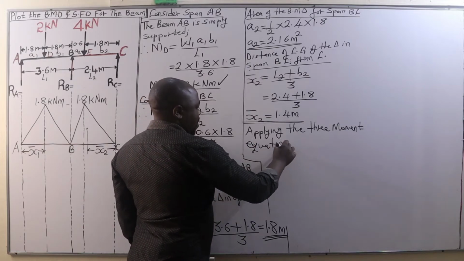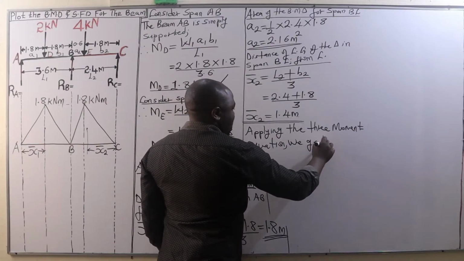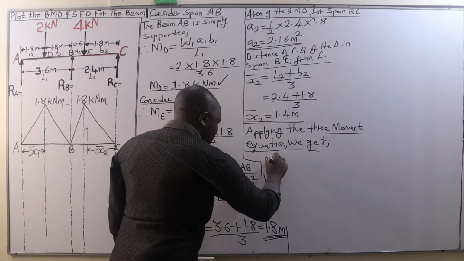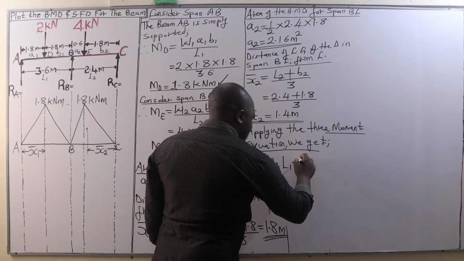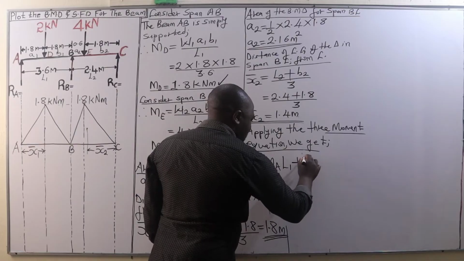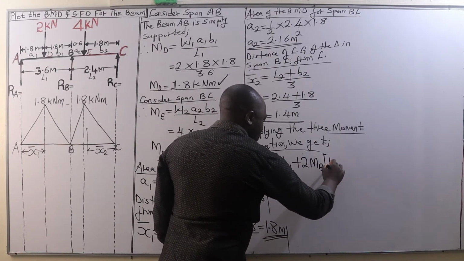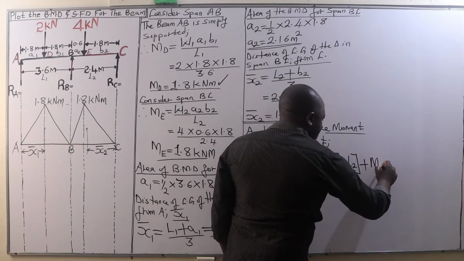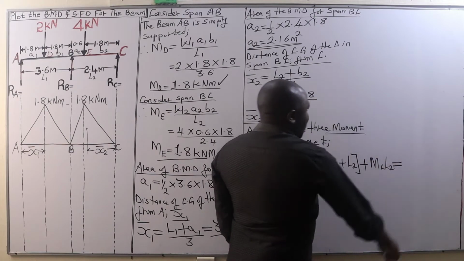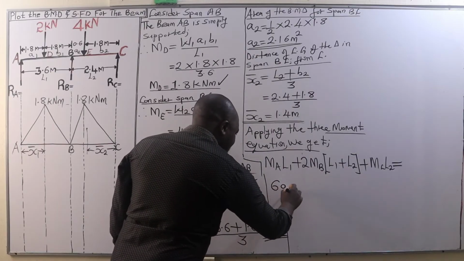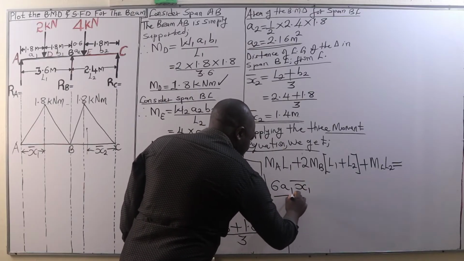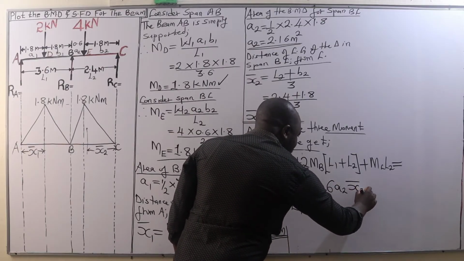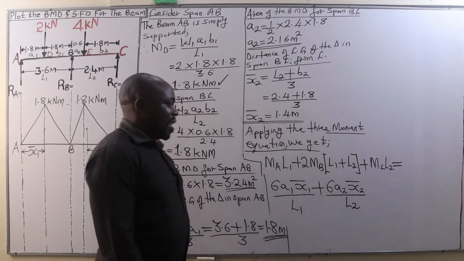The 3-moment equation states that MA L1 plus 2MB into L1 plus L2 plus MC L2 is equal to 6 A1 bar x1 divided by L1 plus 6 A2 bar x2 divided by L2. That is how it states.